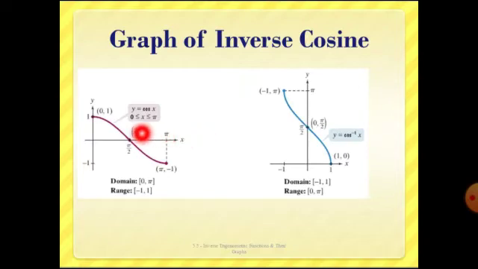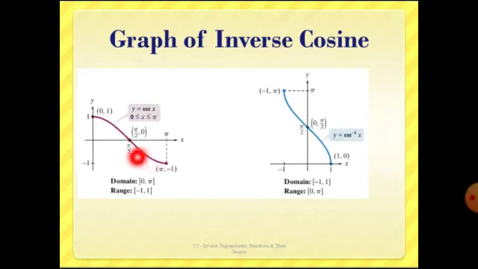So here in the same way we have the x-axis and y-axis. This is the trigonometric function, and here it is the inverse trigonometric function for cosine. So y is equal to cos x, where x is greater than or equal to 0 and less than or equal to pi.